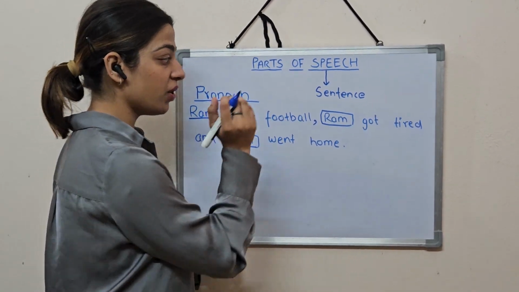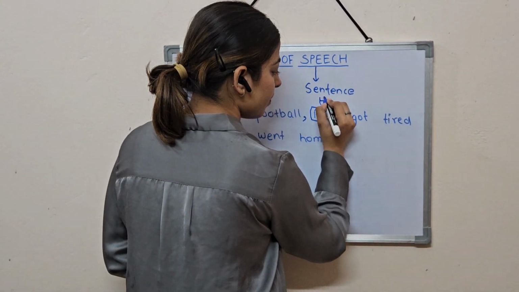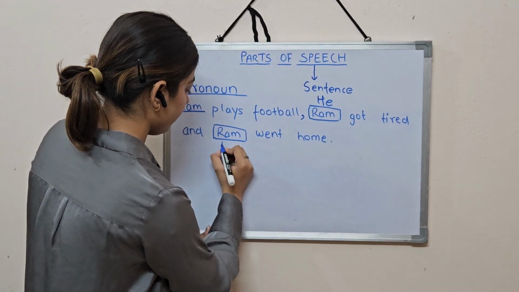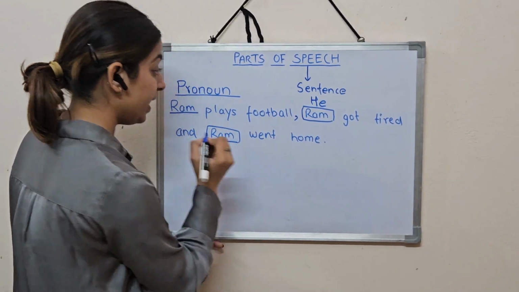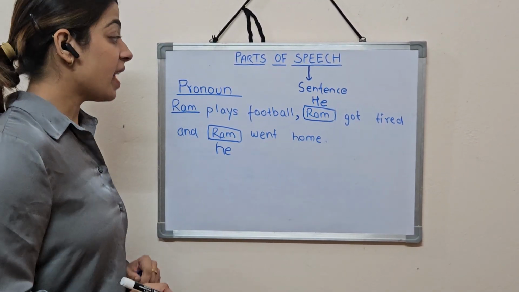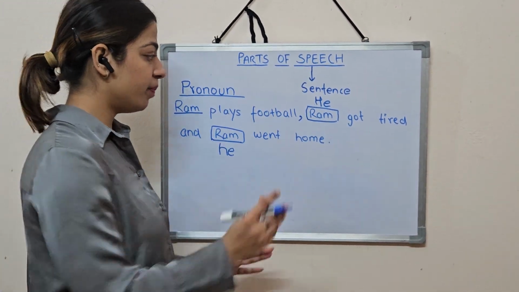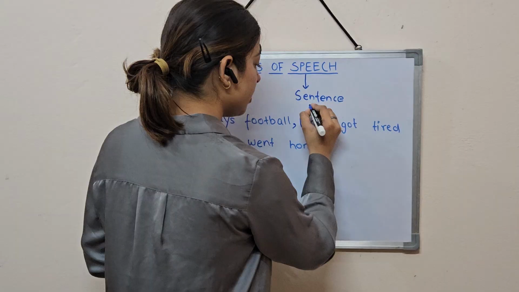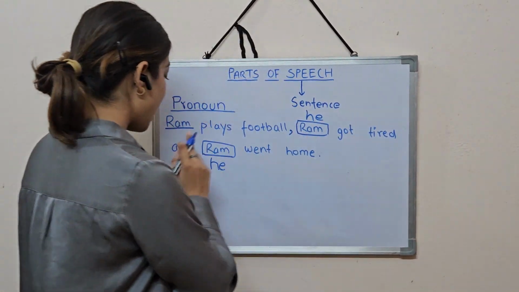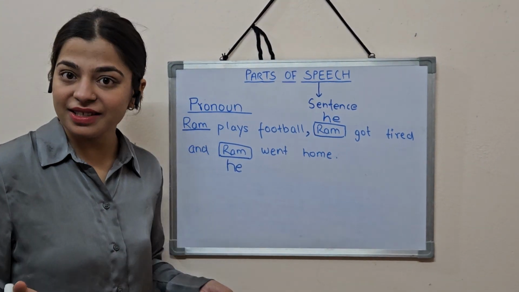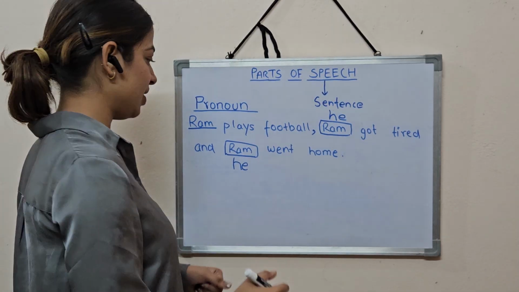We can simply write he. Okay? He. I wrote he. Now, let's read the sentence again. Ram plays football. He got tired and he went home. Now, isn't that okay? Yes, it's okay.